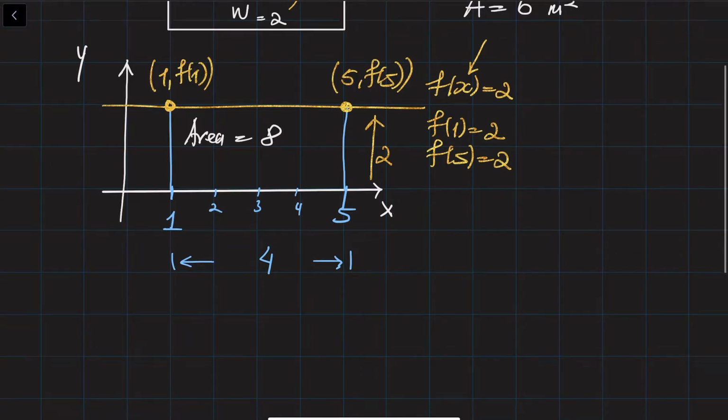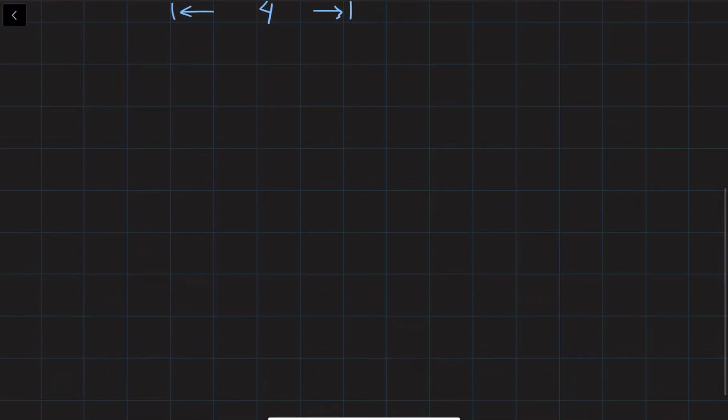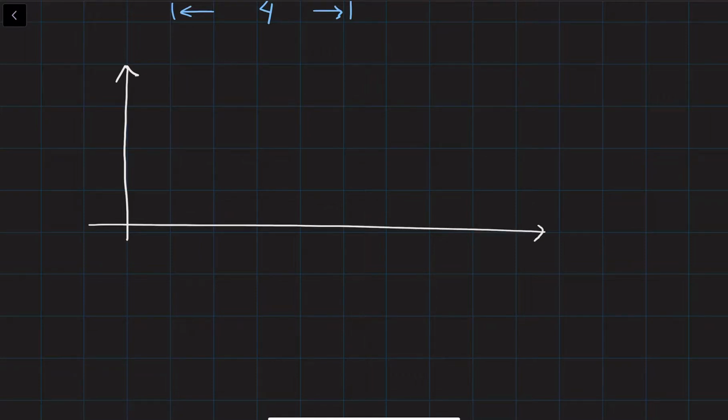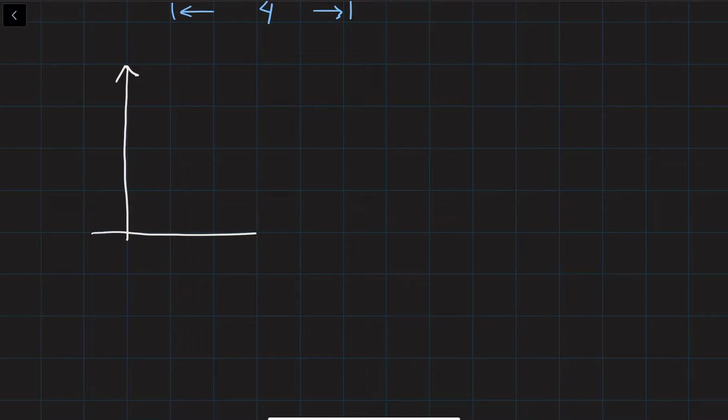But what if the area under the curve is not a rectangular area? Let's assume that we've got a parabola, y is equal to x squared, the usual one.